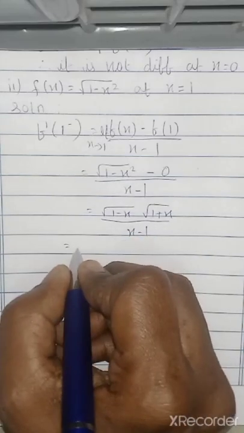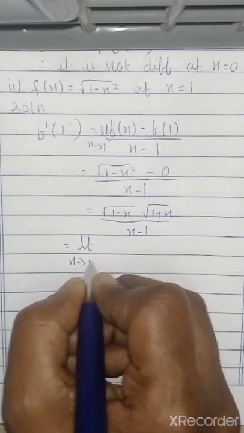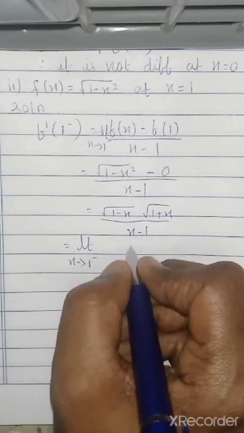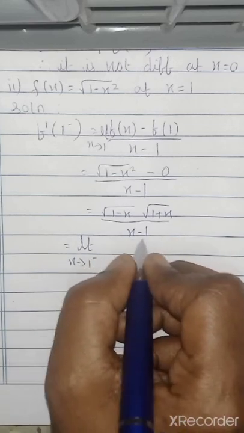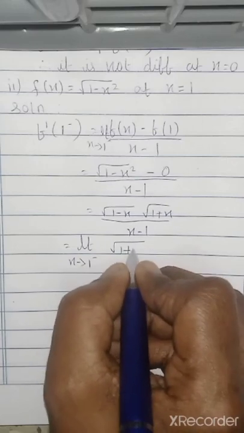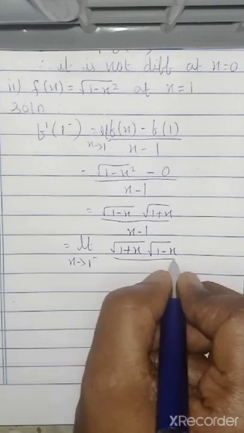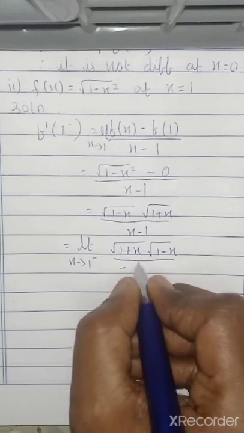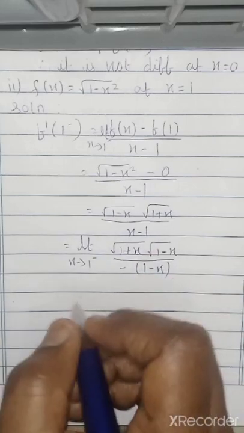The limit as x tends to 1 minus. We can write this as the square root of 1 plus x times the square root of 1 minus x, divided by, if we take minus as common, 1 minus x. So this and this square root will get cancelled.